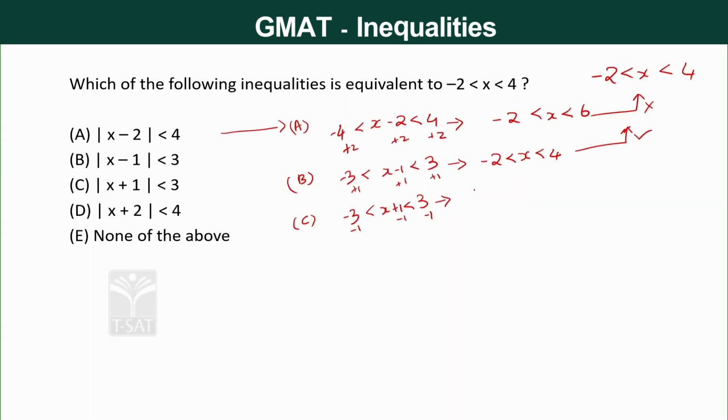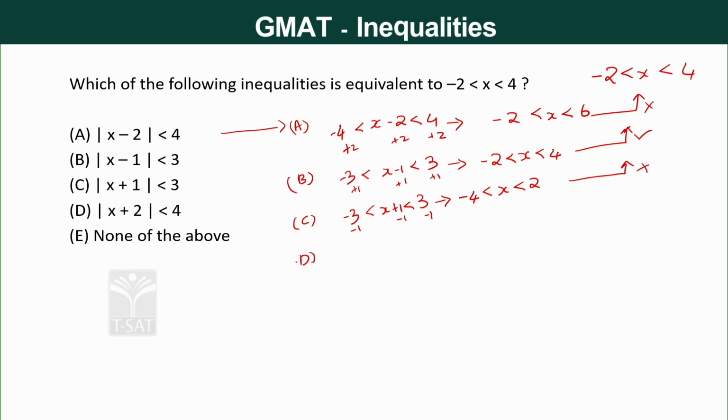So, here we are just subtracting, so we do not need to bother about changing the inequality sign. -3 - 1 is -4, which is less than x + 1 - 1, which is x, which is less than 3 - 1, which is 2. This is not equivalent to the given inequality.